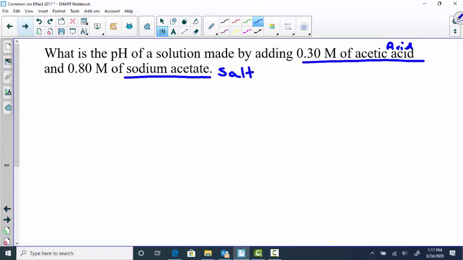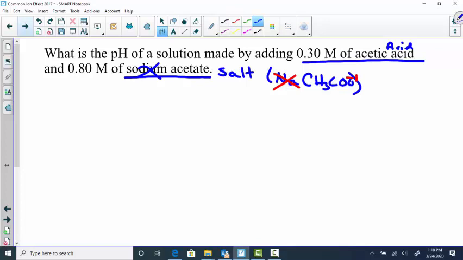So the sodium in this sodium acetate, which by the way, the formula of sodium acetate is NaCH3COO, the sodium doesn't matter. So that's going to leave us with the acetate ion.